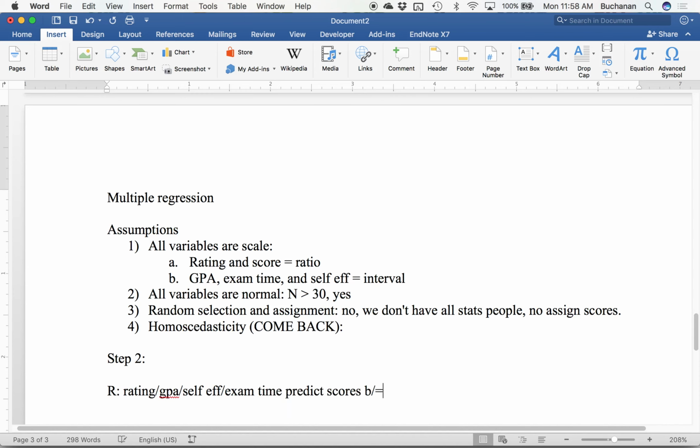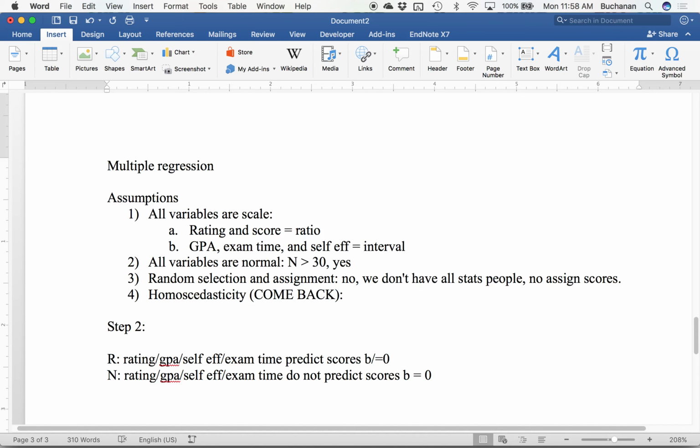So this is where B is not equal to 0. The null would be that rating or GPA or self-efficacy or exam time do not predict scores. So B equals 0. And we're actually testing 4 different hypotheses here. So 1 for each predictor. We're just kind of lumping it all together into one test in one sort of written out procedure.